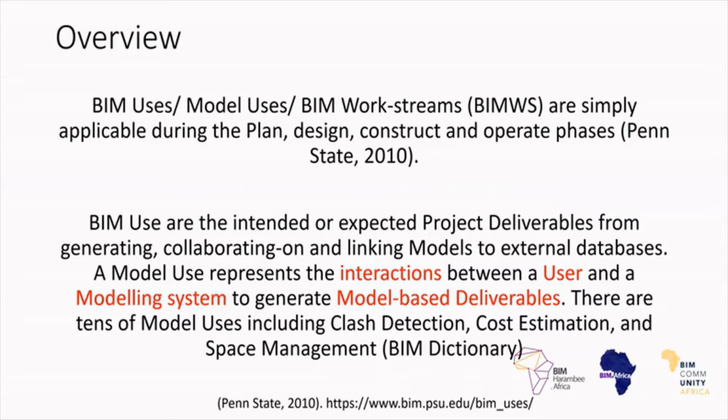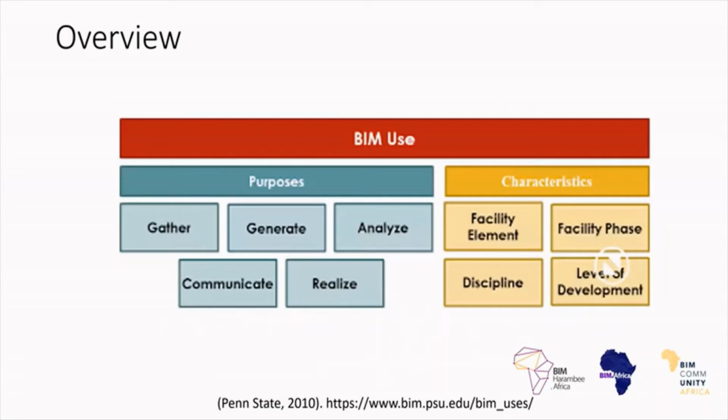And these deliverables are so many. Some examples of them are clash detection, which is one of the most famous BIM uses, and then cost estimation, and so many other BIM uses. Before we go deep into it, these BIM uses can be categorized by several features. You have the purpose of the BIM use.